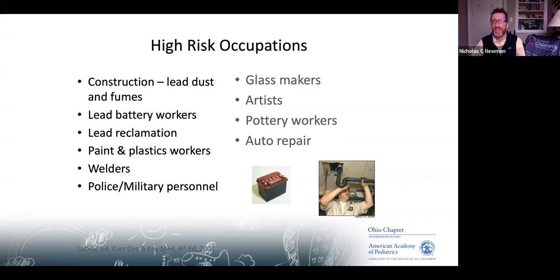And then things that are less common, although they do come up, people who are working with glass, or artists, depending on what media they're using. Pottery sometimes can contain lead, mostly decorative items. And then auto repair, simply because leaded gasoline was used for so long, it contaminates the roadways. Next slide, please.